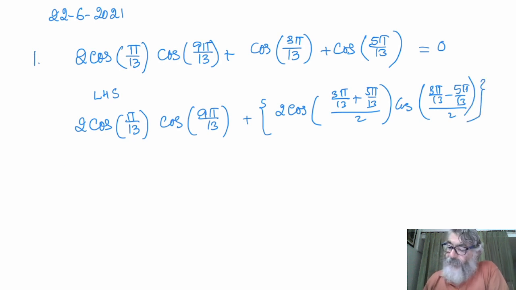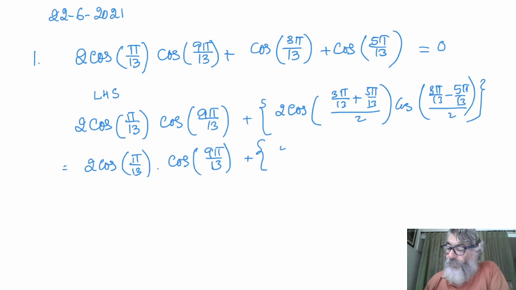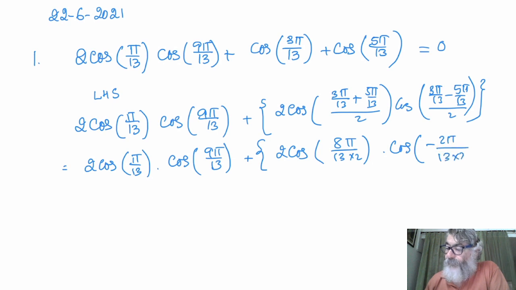That will give us 2 cos pi by 13. The first term remains the same, we are not making any change in this, 9 pi upon 13. And this term will become 2 cos 8 pi upon 13 into 2, and it will become cos minus 2 pi upon 13 into 2. 2 4s are 8, 2 2 will cancel.